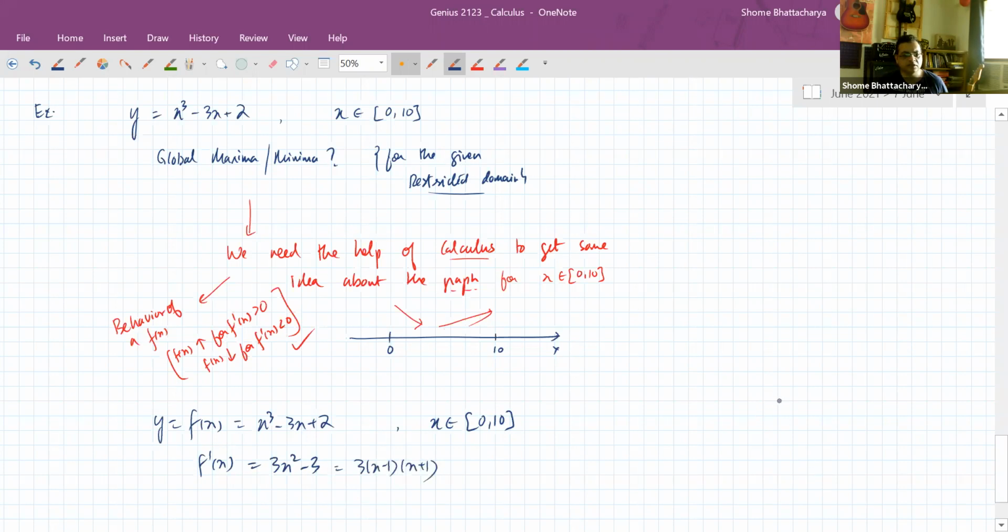So in general, we can see that, of course, here we'll take a restricted domain. So this is the behavior of x minus 1. This is the behavior of x plus 1.